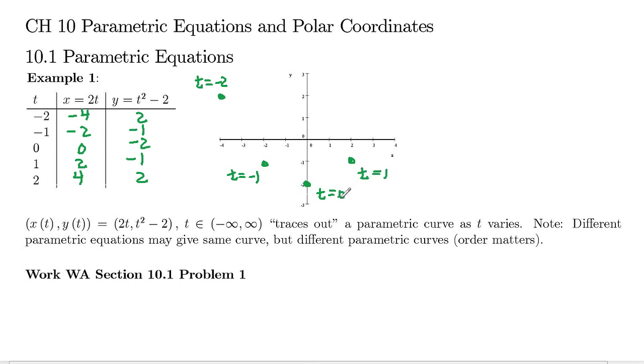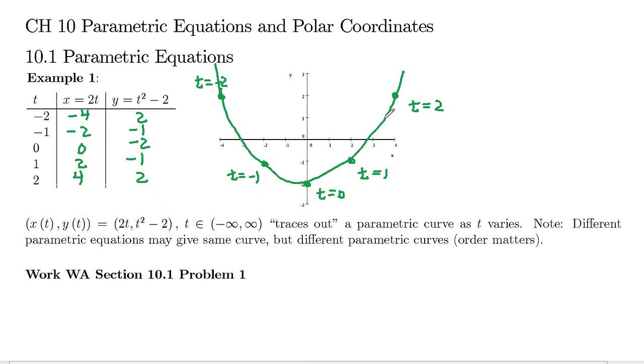And at t equals 2, we're at 4 comma 2, 4 to the right, 2 up right there. And if you connect the dots here, you get a parabola. So these parametric equations right here, that's just a parabola in disguise.